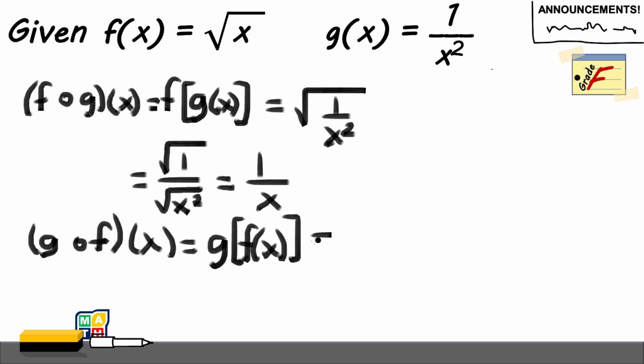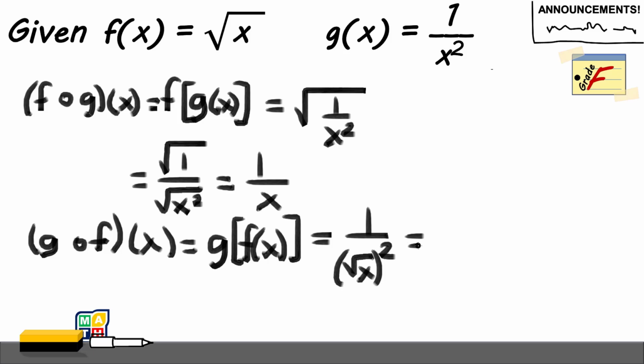So our g of x is originally 1 over x squared, right? We have x squared. This is g of x, 1 over x squared. But this x here will be transformed to f of x. And we know that f of x is square root of x. So instead of x in x squared, we'll have the square root of x, and then you square it.